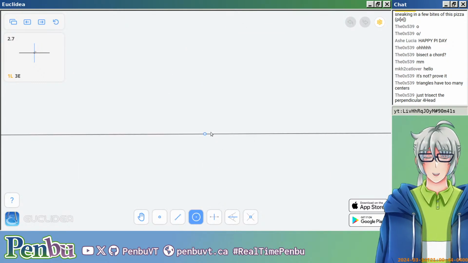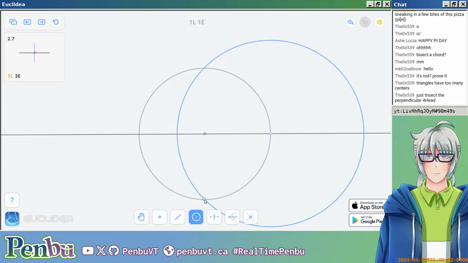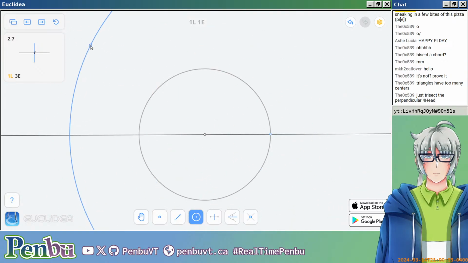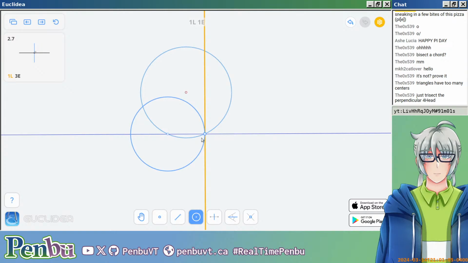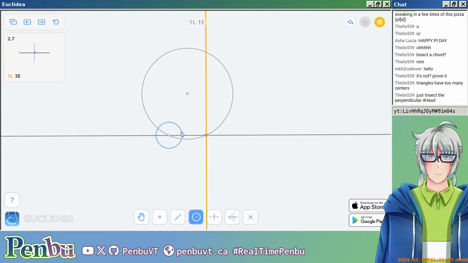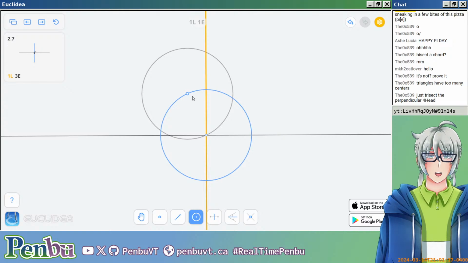But without that circle, then can we just, how do you do this without the circle? No, because the last one has to be aligned.